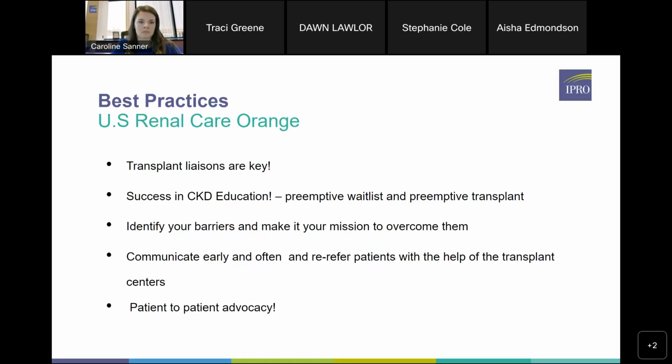In Orange, I'm so proud to say that the culture that we've built there is that every part of the team, from the social worker to the dietitian to the nurses to the techs to the managers, basically everyone who's working there that touches a patient in any way, realizes that they are such an important part of getting these patients to transplant or a home modality, whatever is in their best interest.